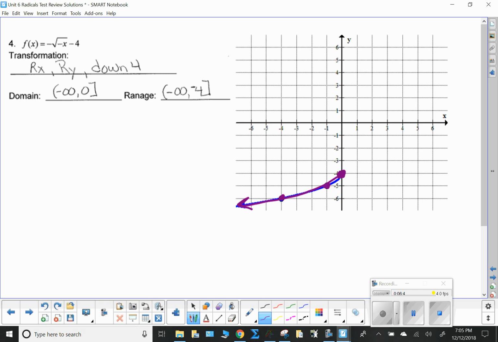And I draw my curve. Now, the domain and range, again, left to right, bottom to top. The left, negative infinity, up to 0. The range, again, negative infinity, up to negative 4. That's all there is to it. Graphing radicals.